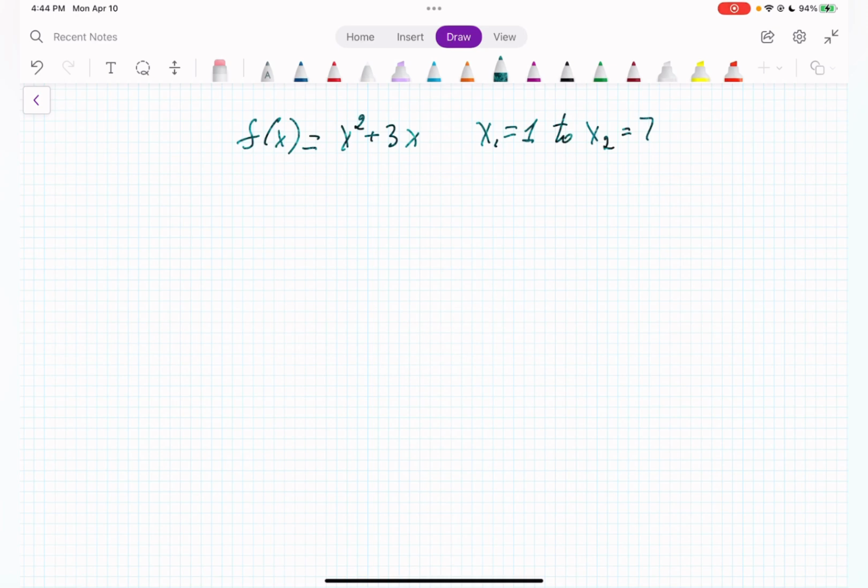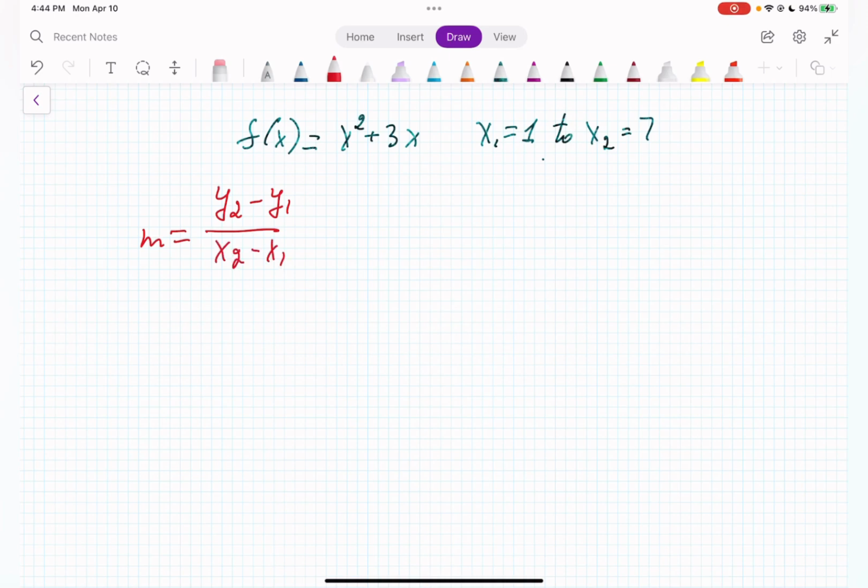Okay, so we need to do f of 7 minus f of 1, divided by 7 minus 1. Let me write down fully just in case somebody is having trouble. So again, y2 minus y1 over x2 minus x1, slope.